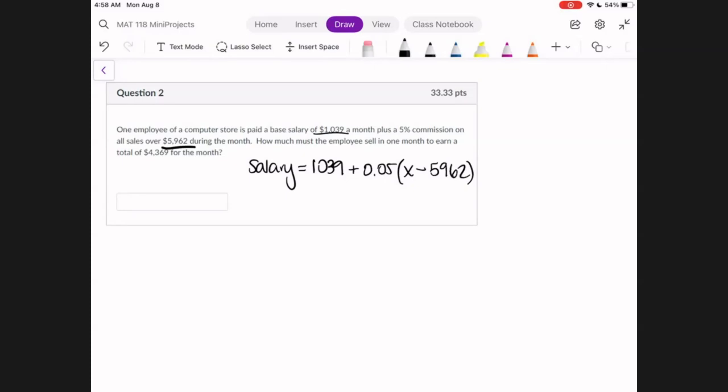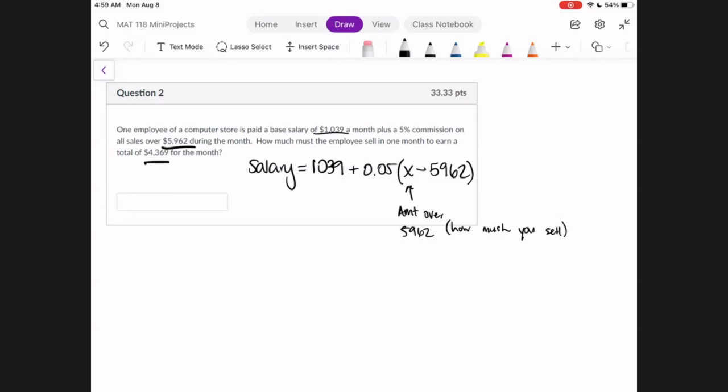And so I have my salary equation. Whatever I sell, this is the amount over, right? So if I sold 8,000, so how much? In this problem, I want to figure out what x would have to be, how much I need to sell in that 1 month to earn the 4,369.